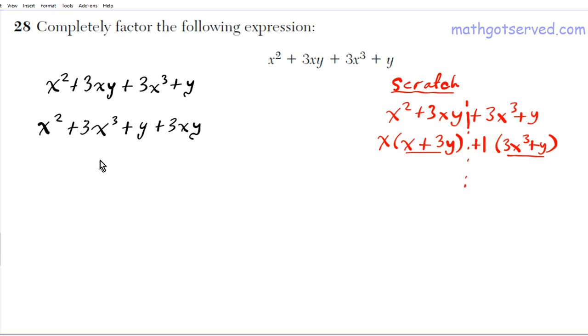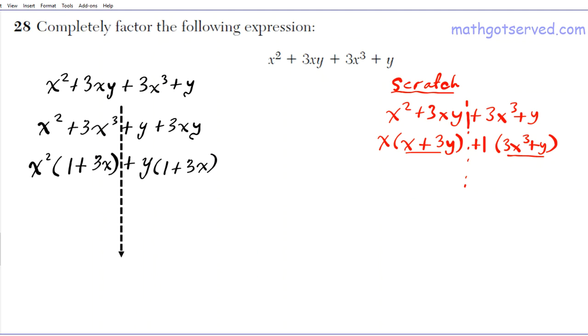Let's see what happens here. Over here I can factor out x squared, leaving 1 plus 3x. And then on the next two, let me put my partition down. On the next two, I can factor out y. If I factor out y, I'll have 1 plus 3x.